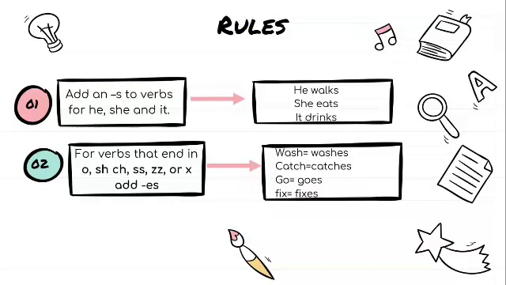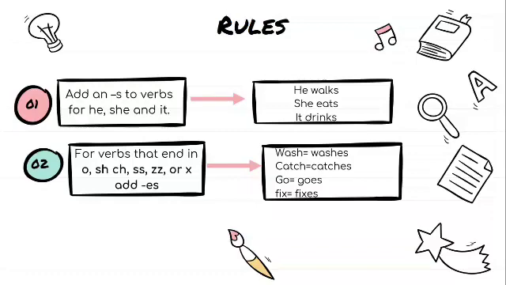Then here we have fix, and if you see, the last letter of fix is the letter X. Okay, and then we have fixes. Okay, he fixes the car. Okay, he fixes the stove. So remember that we have to add ES or S just to the verbs when we are using the pronouns he, she, and it. Okay, solo cuando estemos usando los pronombres he, she, and it, entonces vamos a utilizar estas reglas que estamos viendo.